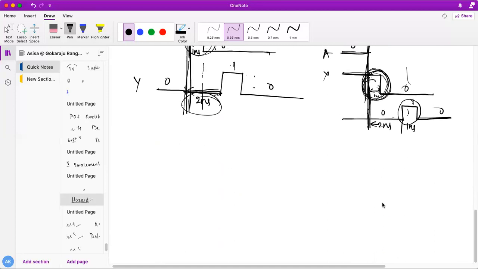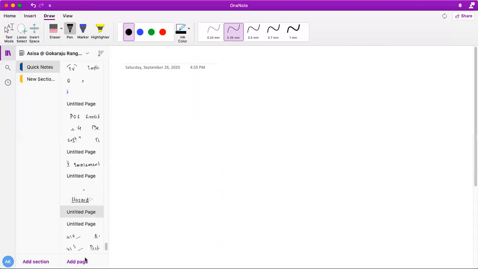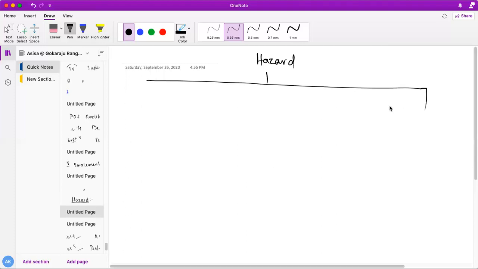So mainly the hazards are categorized into 3 categories. Okay, what are those hazard categories? So see here, this is my static hazard, this is my dynamic hazard, and this is my essential hazard.